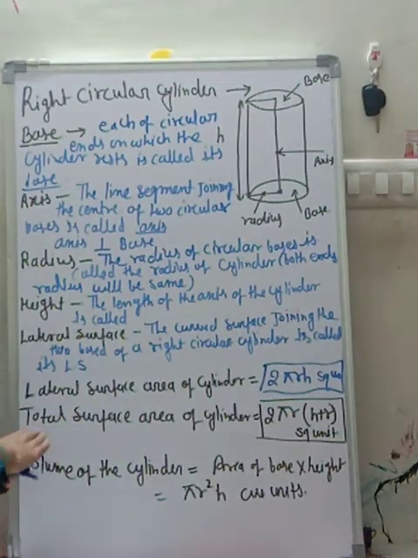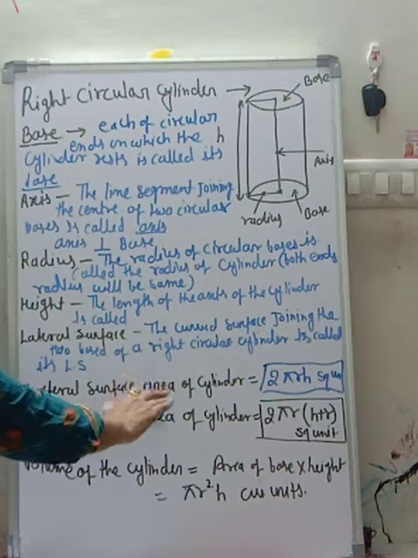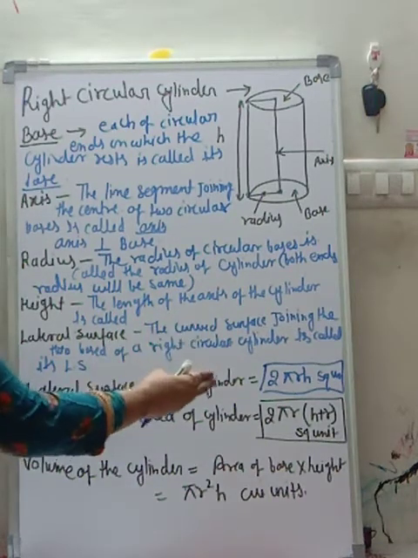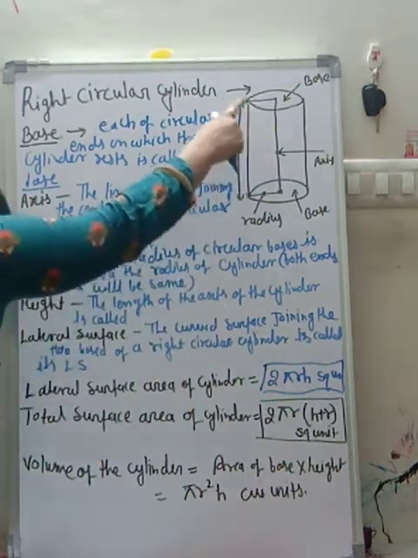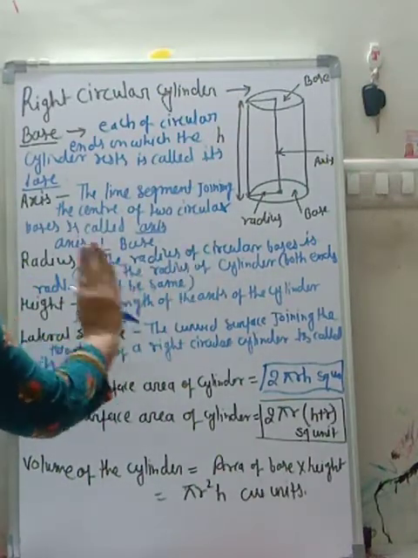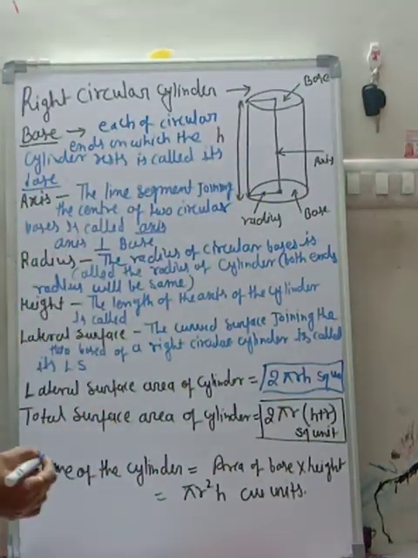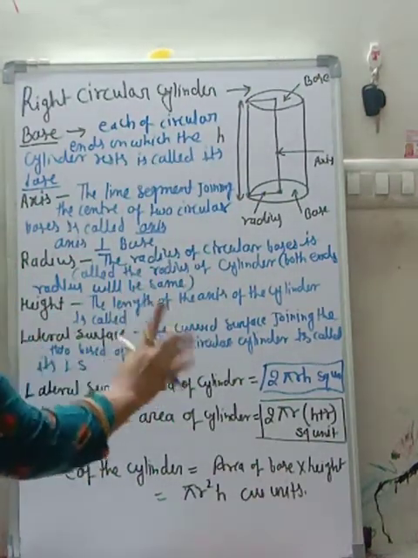Now you can find the total surface area of a cylinder. For the total surface area of a cylinder, we also take the area of both circular bases along with the curved area of the cylinder. Including two bases, that is called the total surface area of the cylinder.